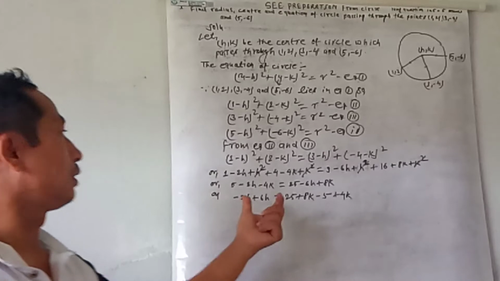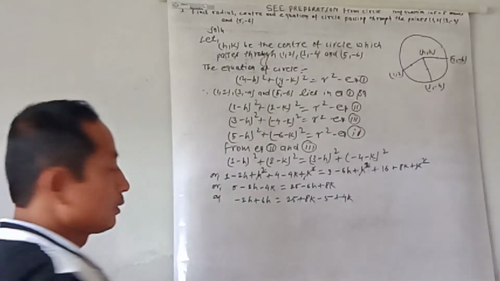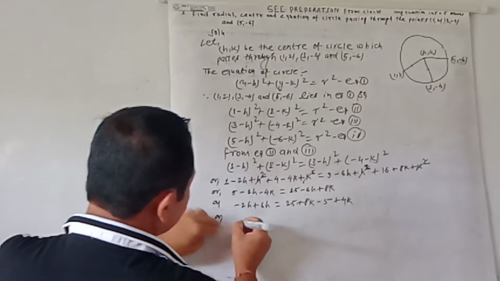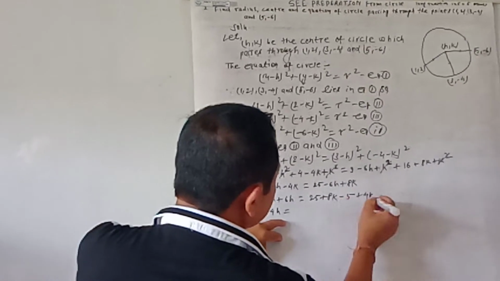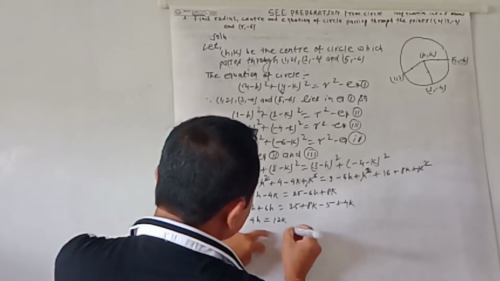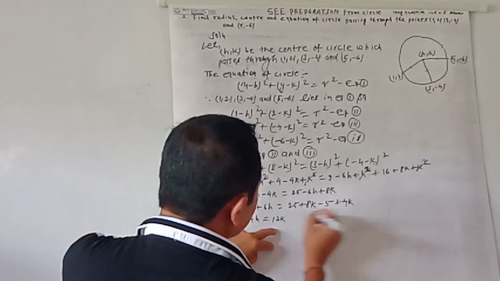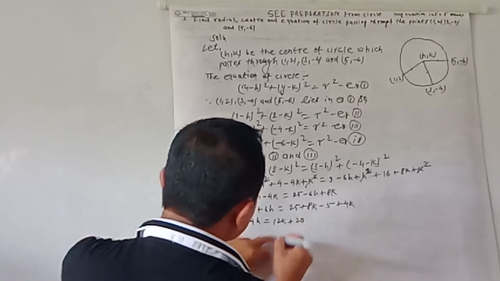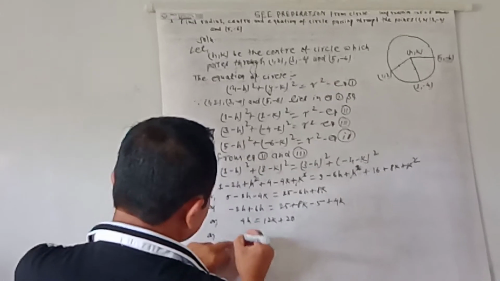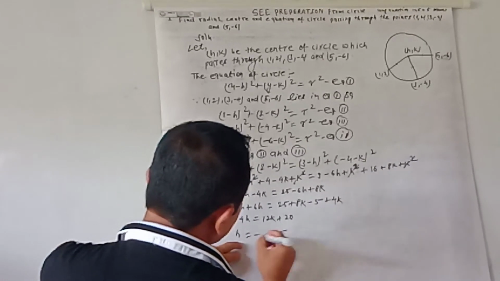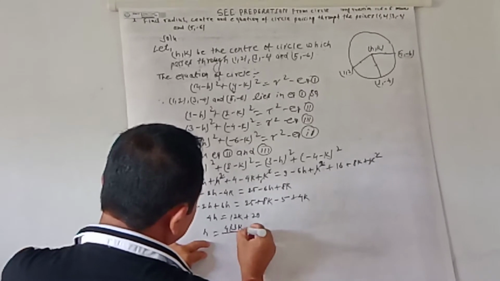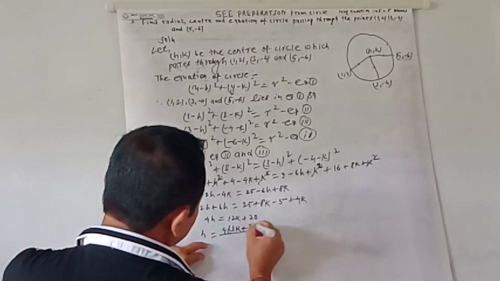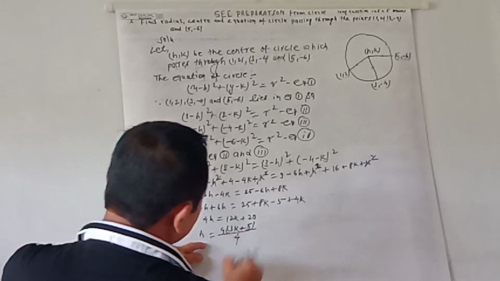We need to calculate the value of h in the form of k. 4h is equal to 8k plus 4k, 12k, and 25 minus 5 means plus 20. So h is equal to, taking 4 common, 4 threes are 12, so 3k plus 4 fives are 20, divided by 4.